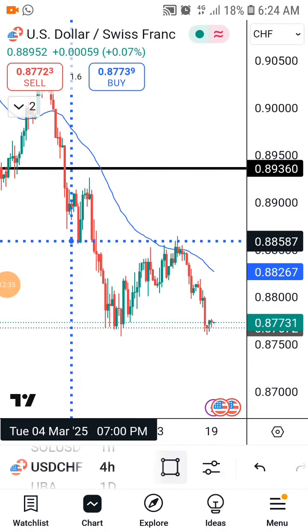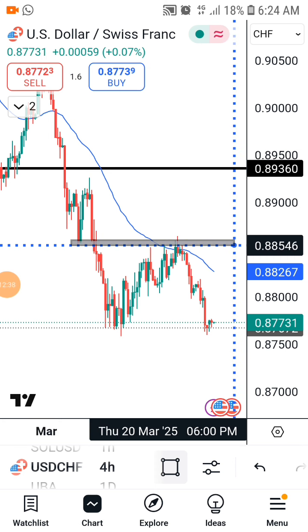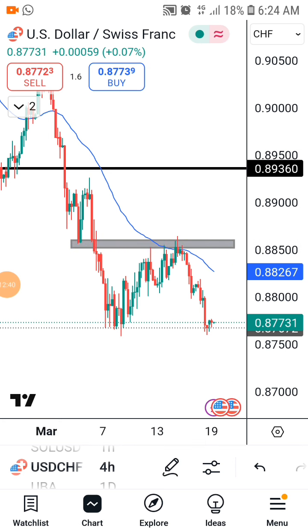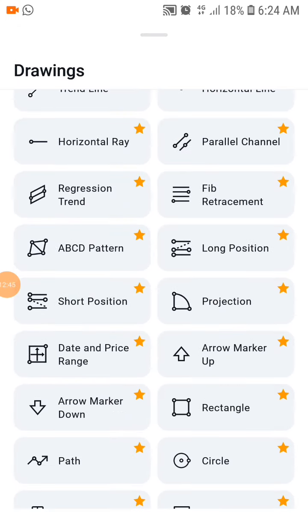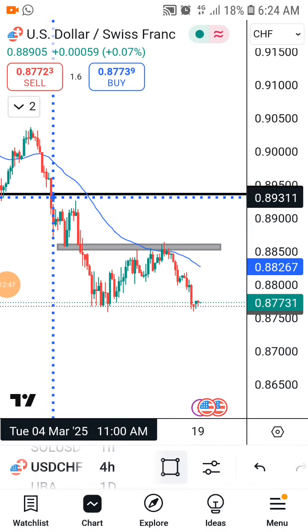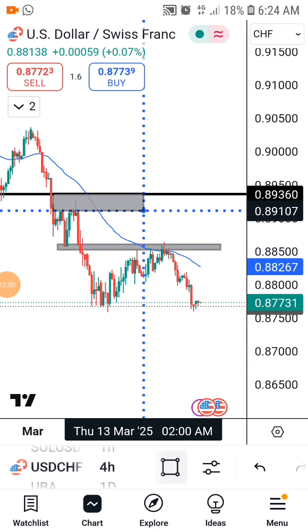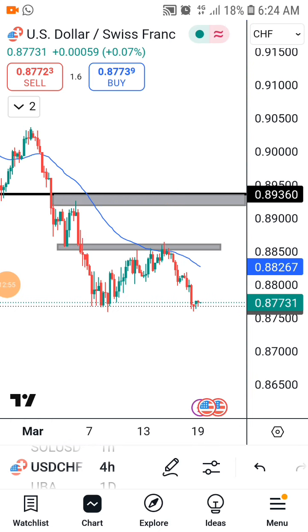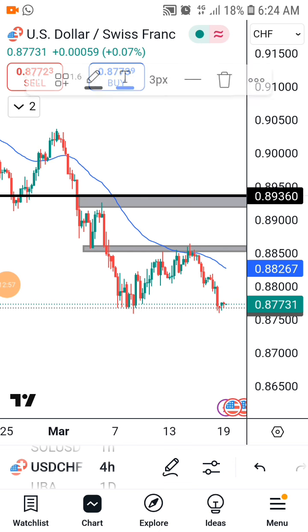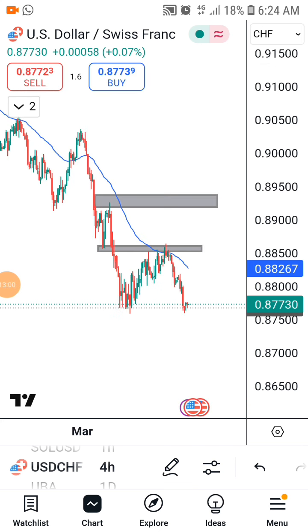Can you see? We have a resistance at this point. That is one resistance, and we have another resistance here. This resistance now is the daily moving average. This upper resistance is the daily moving average.